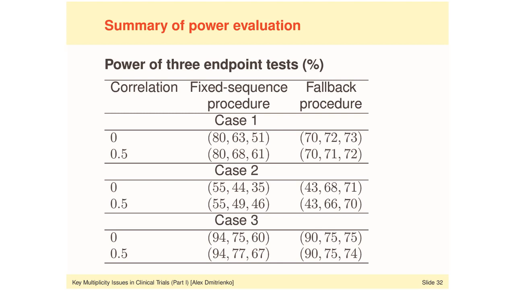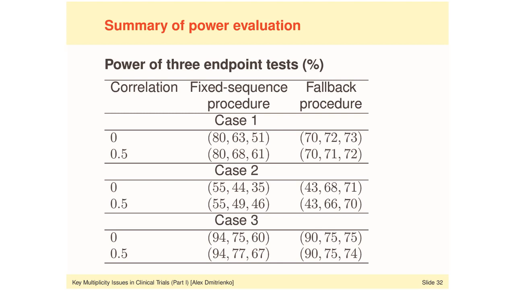And the third column under Fallback Procedure displays the probabilities of rejecting the 3 null hypotheses based on the fallback procedure. Our goals here will be to compare and contrast the results presented in those 2 columns in 3 different cases or under 3 different scenarios that we introduced earlier.